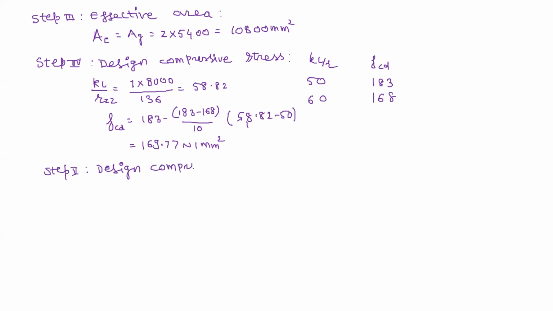And then we have step 5, design compressive strength. PD equal to AE into FCD.